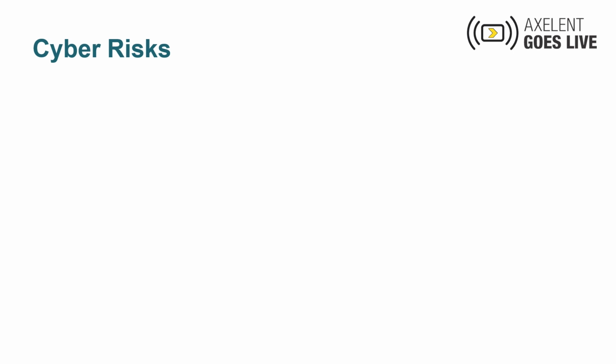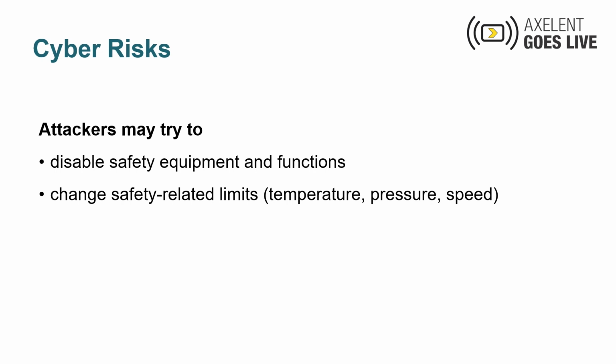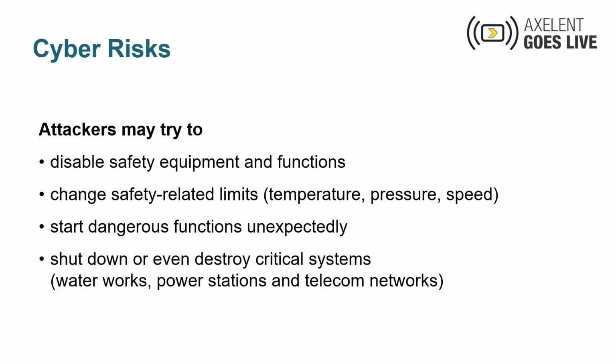Just imagine somebody switching off monitoring by a light barrier or changing the maximum temperature or pressure limit set. This could result in very bad accidents. Another scenario that has become more realistic with the new hot and cold wars is that an attacker may try to shut down or even destroy machines in critical infrastructures, like waterworks, power stations, or telecommunications networks.